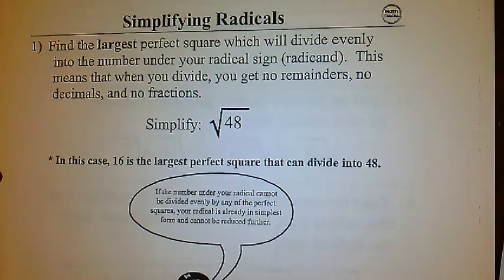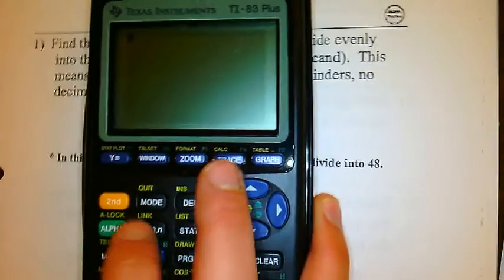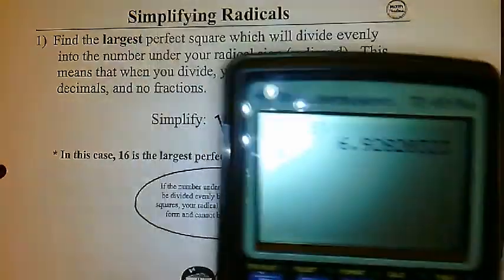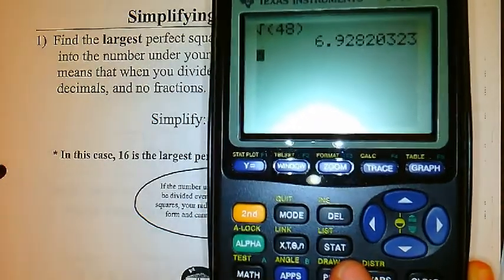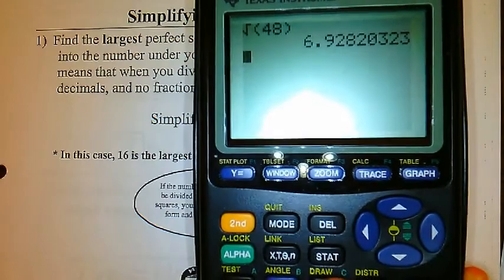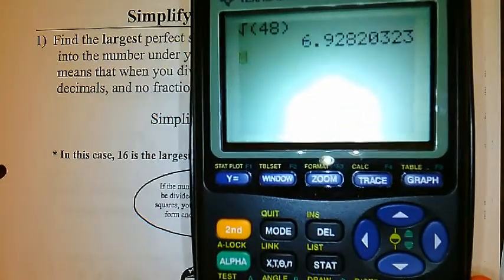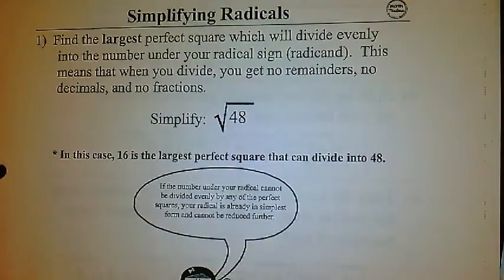So if you did the square root of 48, you see that you get a decimal. So what you're going to do instead is try to simplify it so that the number under the radical, which right now is the 48, is a little bit smaller, but you're going to have some left over in the front.